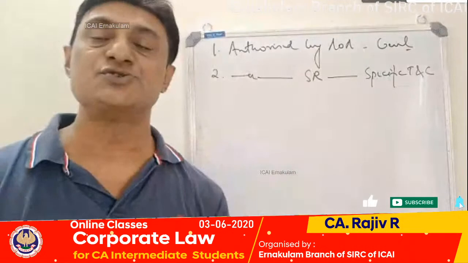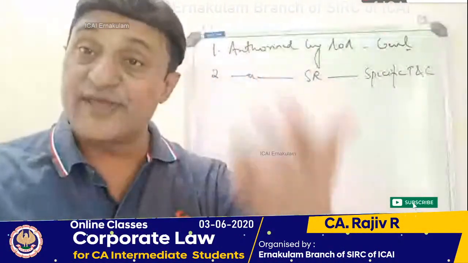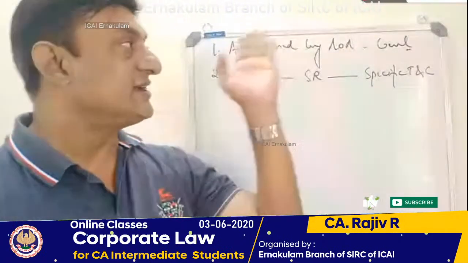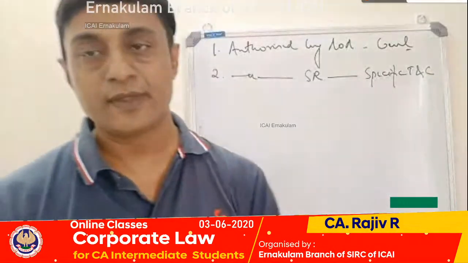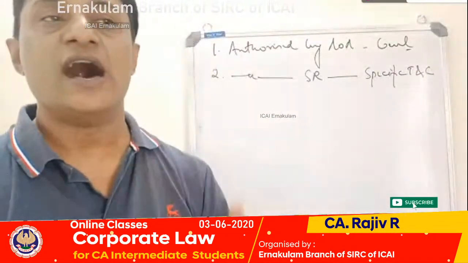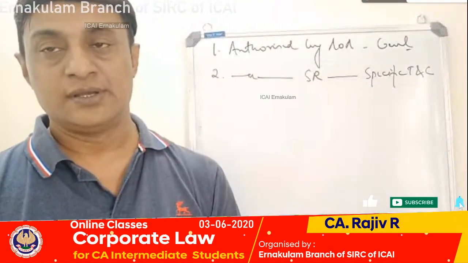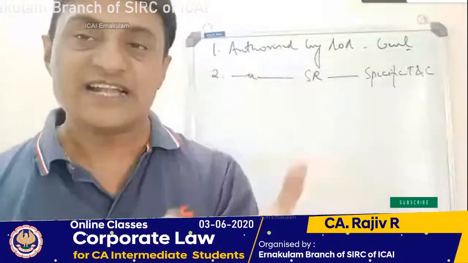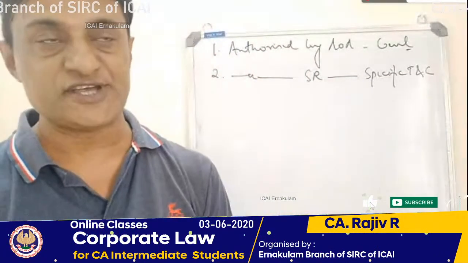I remember having asked you the question, and I told you I'll be asking this very often. When the articles authorizes something, why do you need a special resolution again? And the concept was, articles is a general blanket power. The special resolution is for that specific point of time, that specific redemption, the preference share plan.